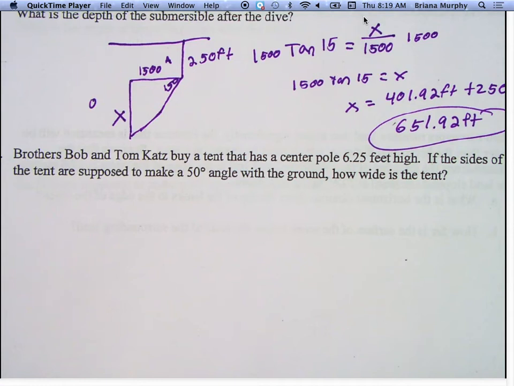Good. I just figure out one side. Remember, it says 50 degrees with the ground. So where would that 50 degrees be? That center pole's height is 6.25 feet.